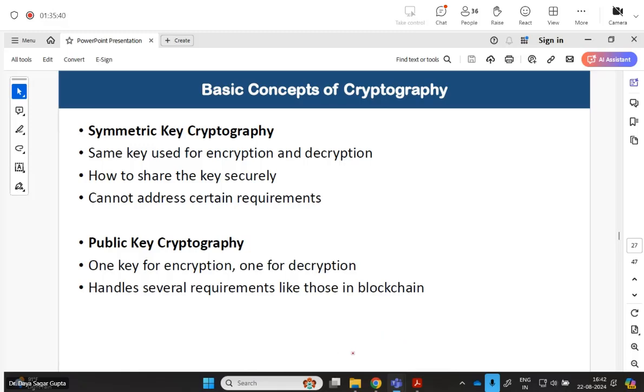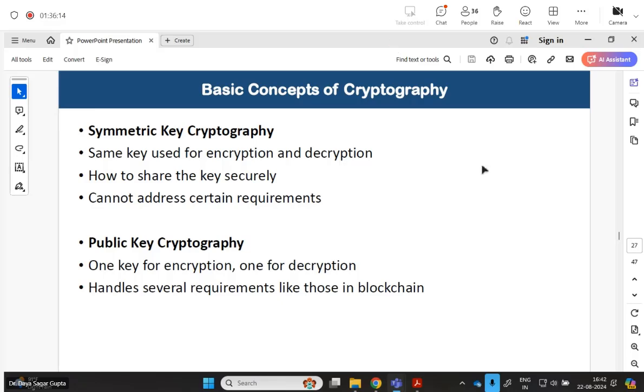B is going to share only his or her public key so that anybody can send a message, and only he or she can decrypt the message with K2. So basically blockchain is using public key cryptography as a tool. Public key cryptography is basically used by public blockchains.